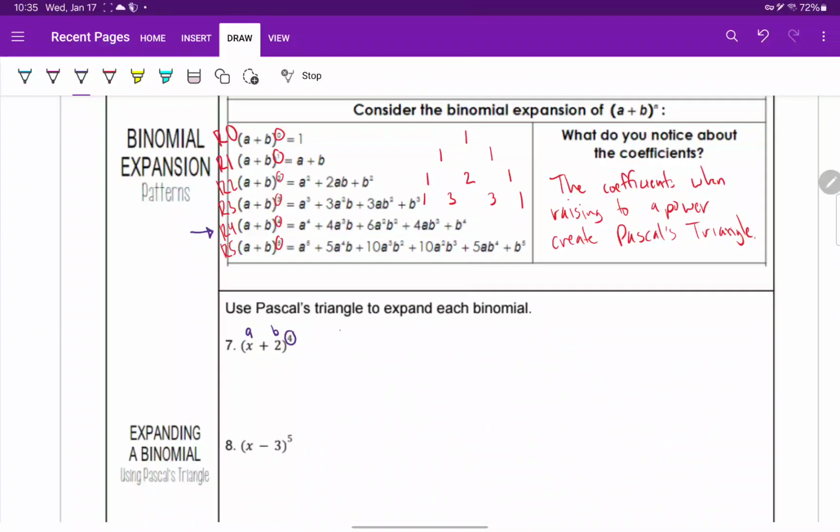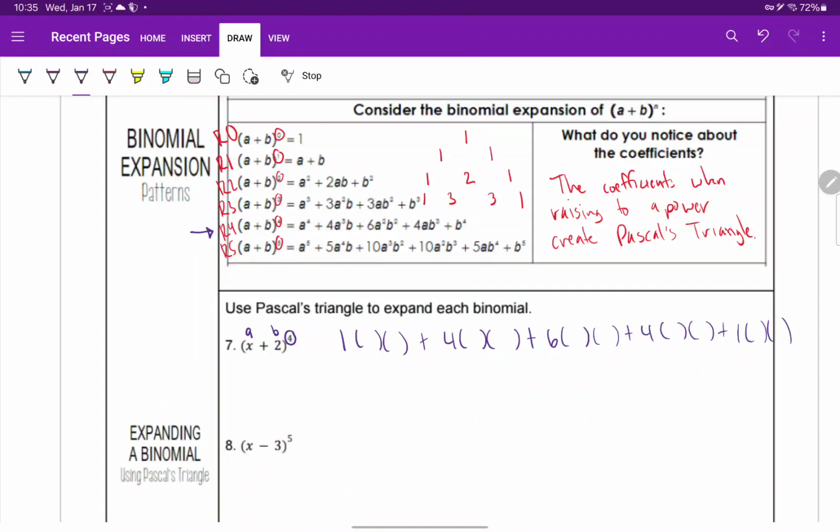So 1, and now I'm going to put 2 sets of parentheses because if you notice this, we have A and B. Plus our next number was 4, with 2 sets of parentheses, plus 6 with 2 sets of parentheses, plus 4 with 2 sets of parentheses, plus 1 with 2 sets of parentheses.